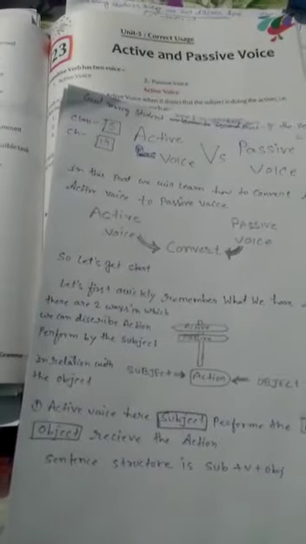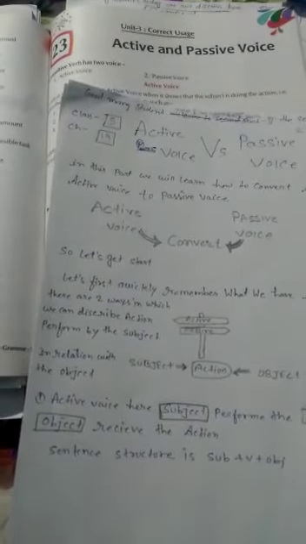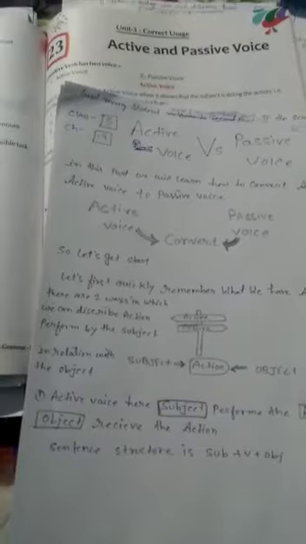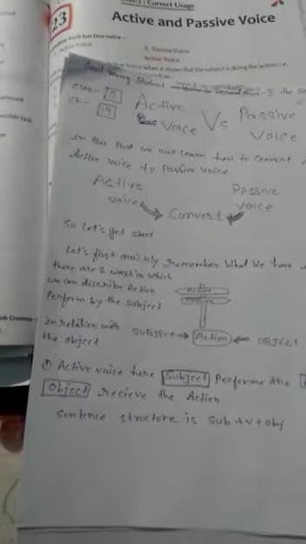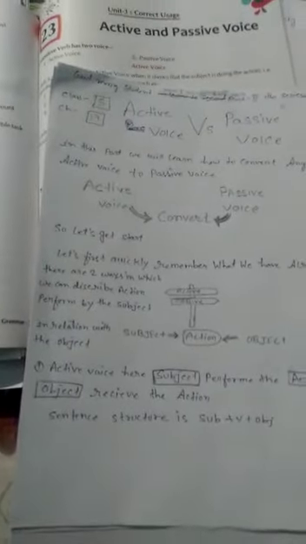There are two ways in which we can describe action performed by the subject in relation with the object. Active voice: here the subject performs the action and the object receives the action. Sentence structure is subject plus verb plus object.